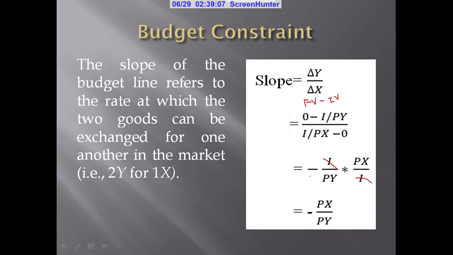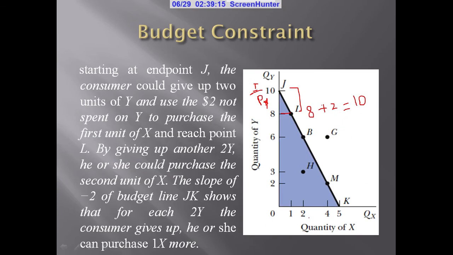So we get minus PX over PY. The minus sign indicates that the slope is negative, and here we can see that we have a negatively sloped line. It shows the budget line, and because it's a linear line, the slope remains constant along it: minus PX over PY.